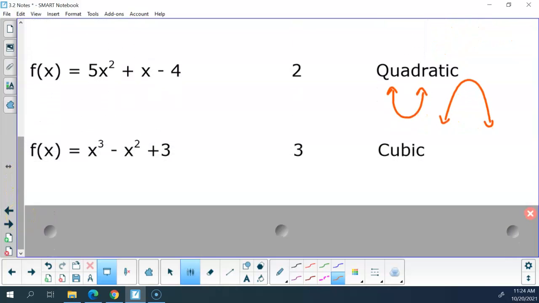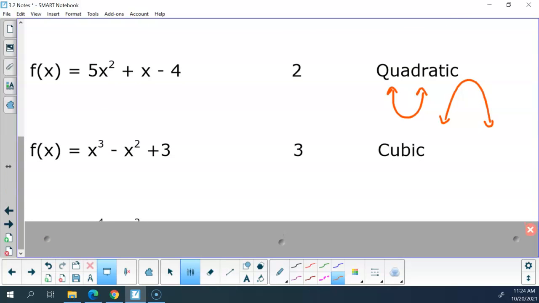Next one is a cubic function. A cubic function has a degree of 3. Cubic functions look like that.